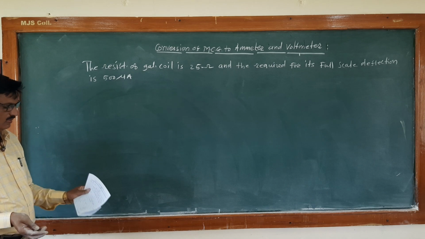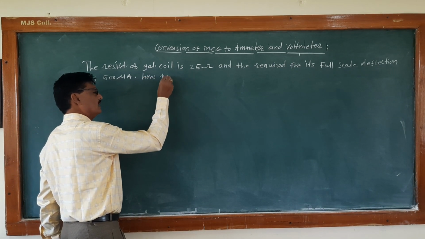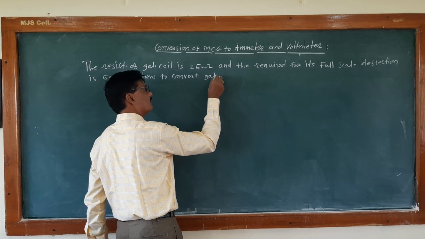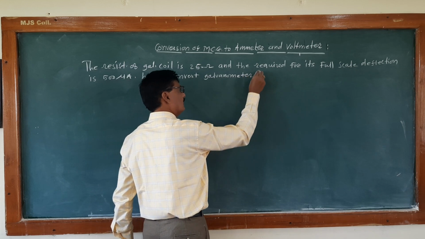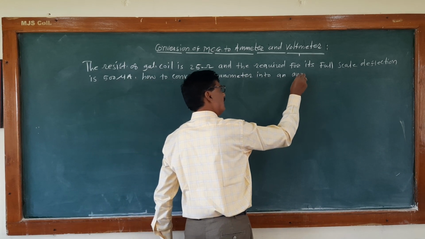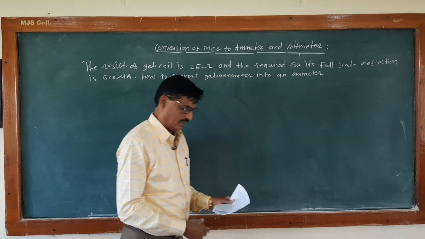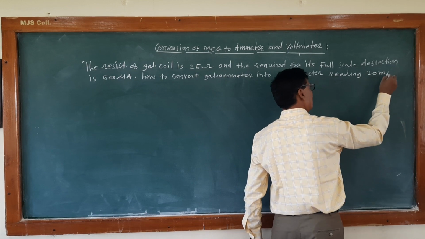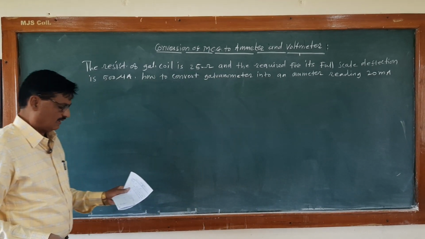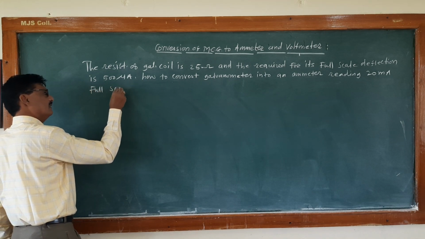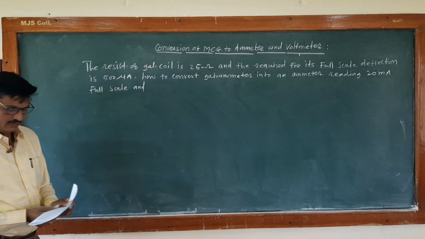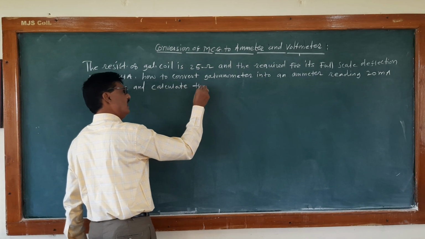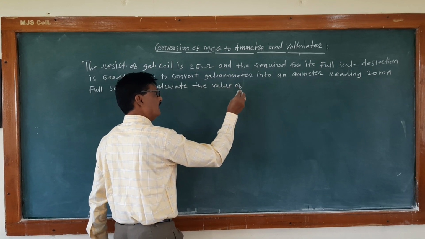How to convert the galvanometer into an ammeter reading 20 milliampere full scale, and calculate the value of shunt resistance.